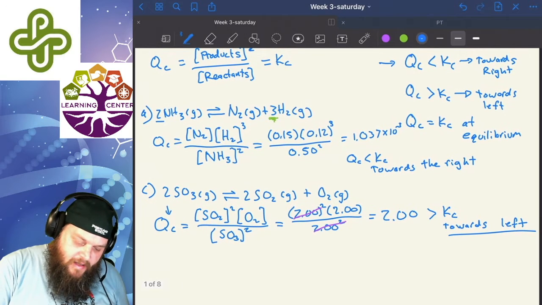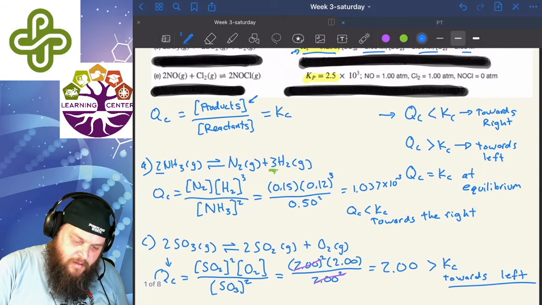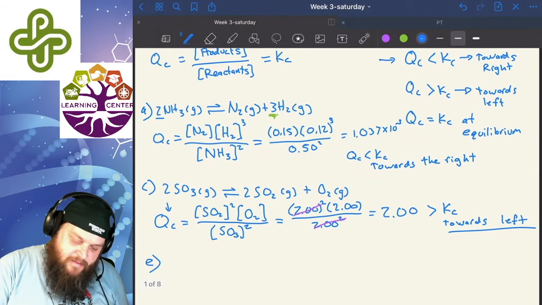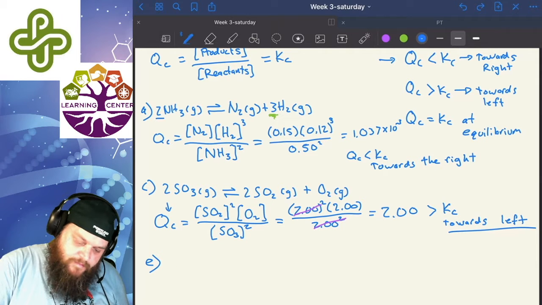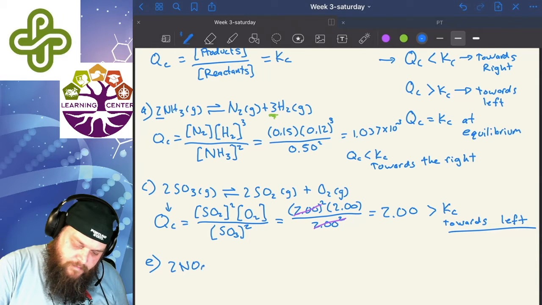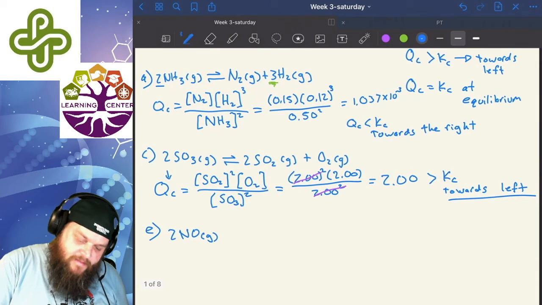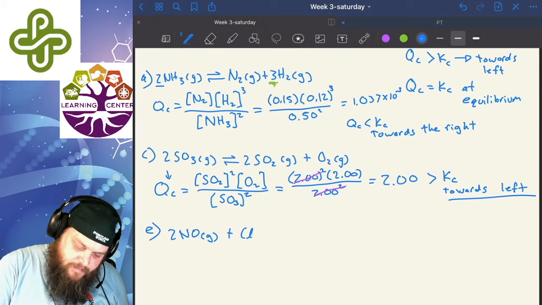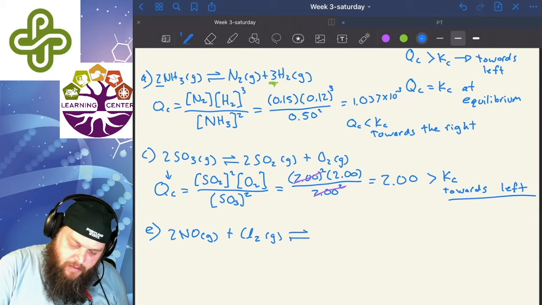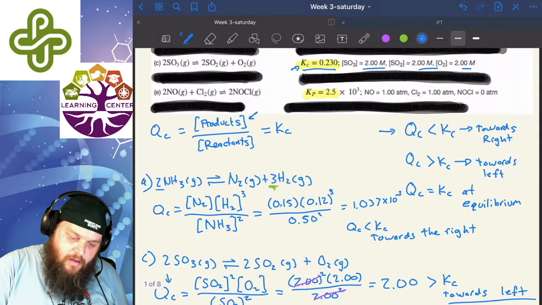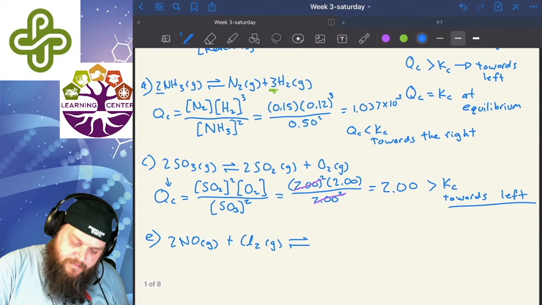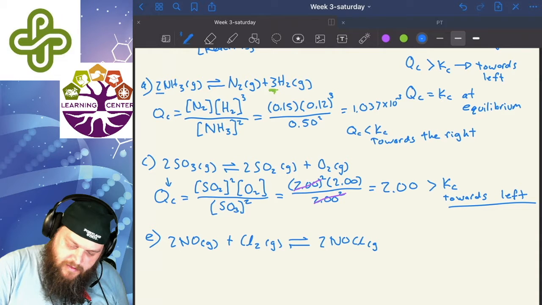For part E, we have 2NO gas plus Cl2 gas. It's chlorine gas. It's in equilibrium with 2NOCl, which is also a gas.